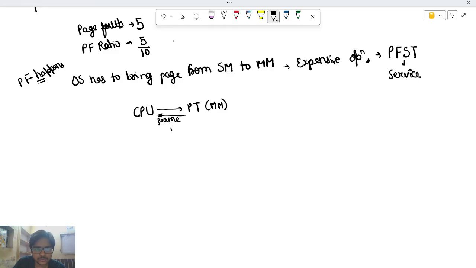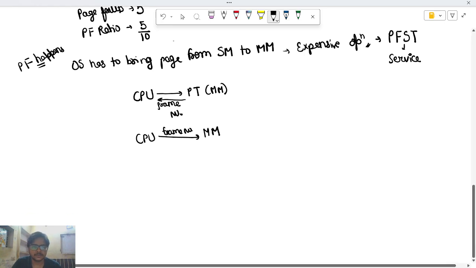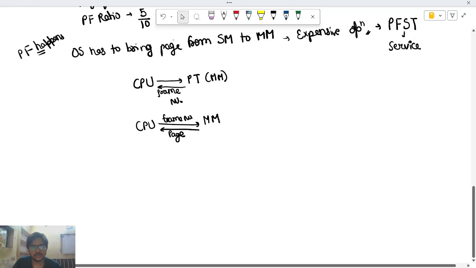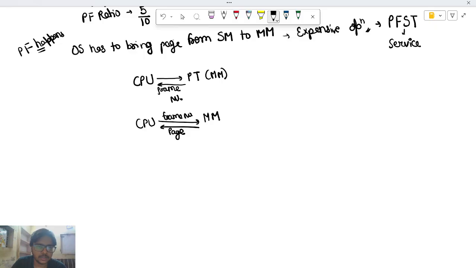Then the CPU, using that frame number, fetches the page from main memory, and it will give it the page. So this is your first step and this is second.